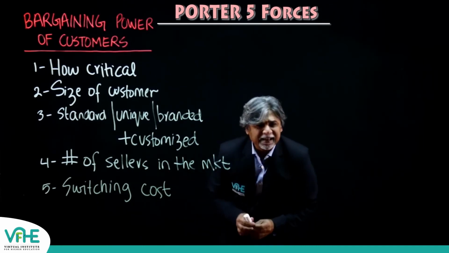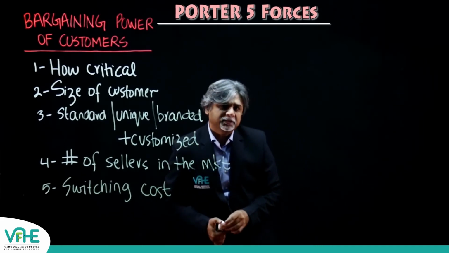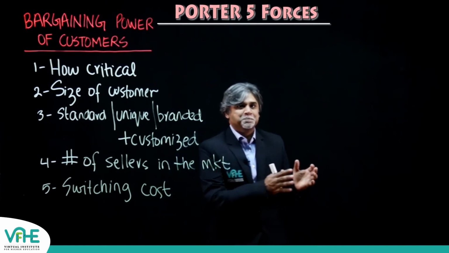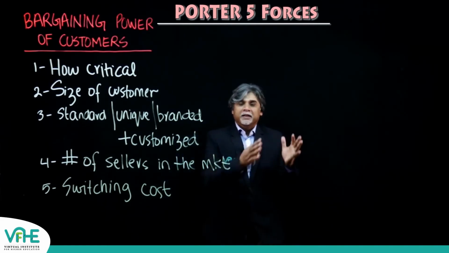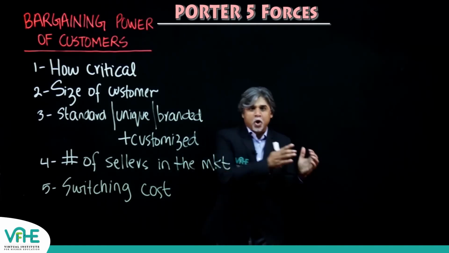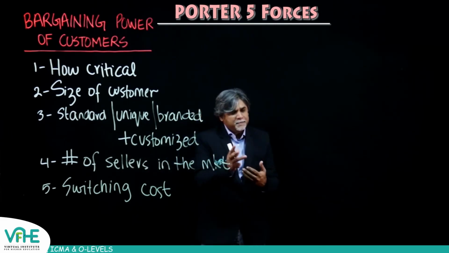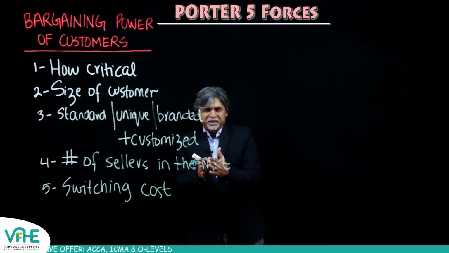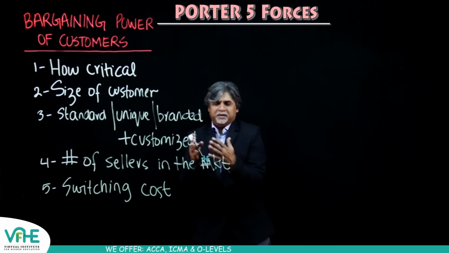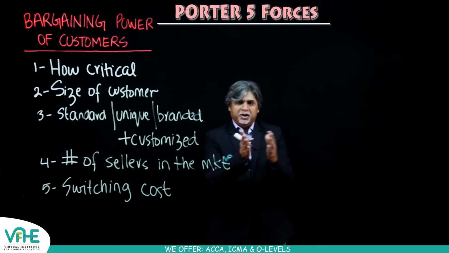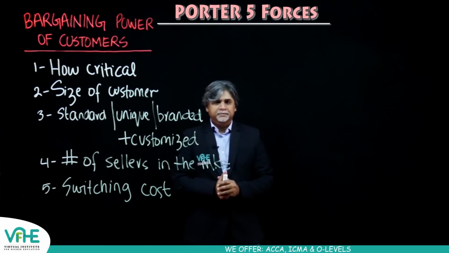Can you guys guess what is the meaning of switching cost? Yeah, almost there. Read it in reverse. The cost of switching. Yeah, what does it mean? How easily as a customer can we switch or change our vendors?